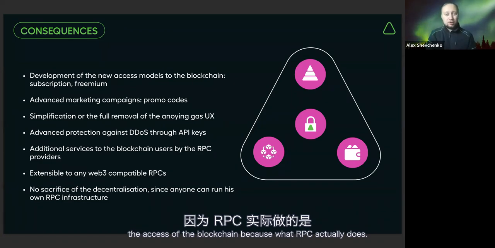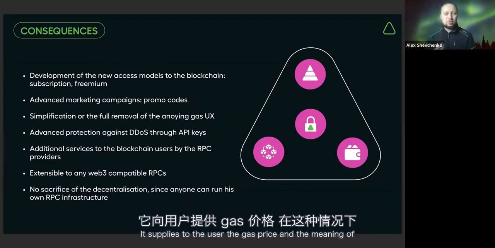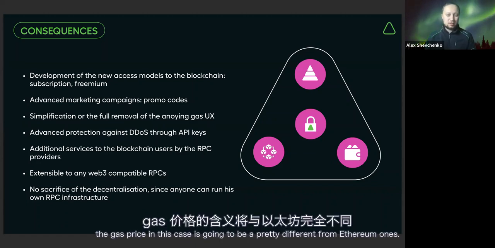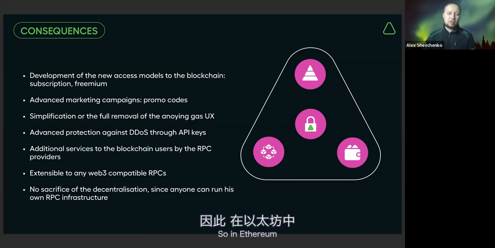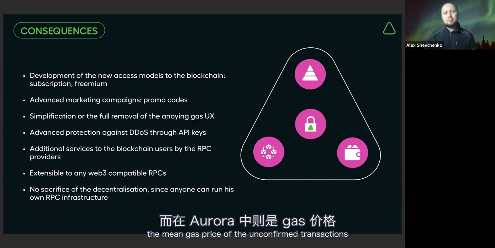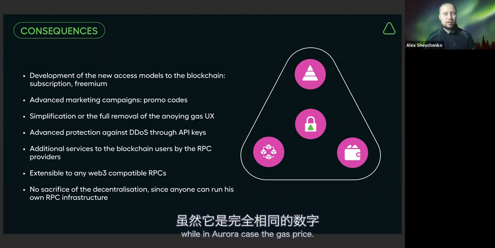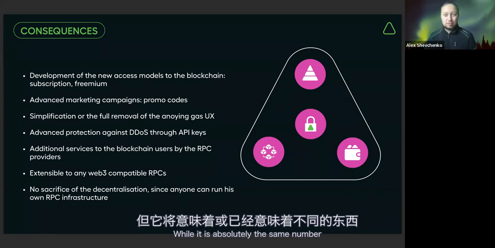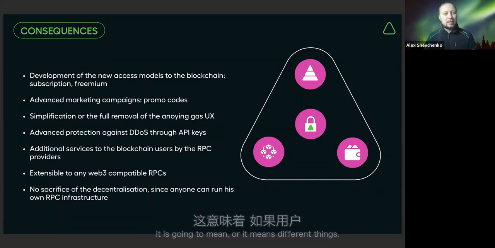Because what the RPC actually does is supply the gas price to the user, and the meaning of the gas price in this case is going to be pretty different from the Ethereum one. In Ethereum, the meaning of the gas price is something like the mean gas price of the unconfirmed transactions, while in the Aurora case, the gas price, while it is absolutely the same number, means a different thing.